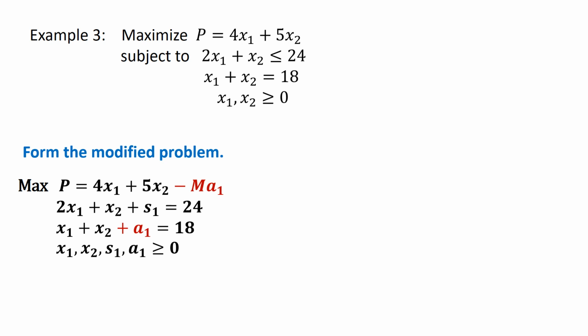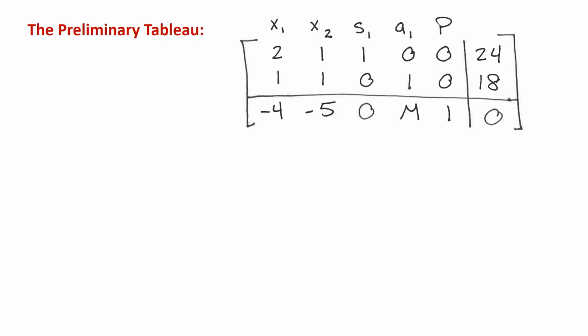So let's get the objective function ready to go into the tableau. We move everything to the left to keep p positive and to get 0 on the right. So we have negative 4x1 minus 5x2 plus ma1 plus p is 0. So we're going to use the modified problem to form the preliminary tableau. In the preliminary tableau, row 1 is 2, 1, 1, 0, 0, 24.